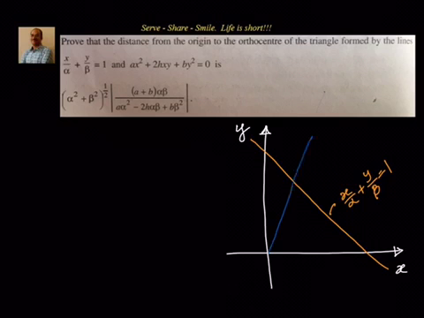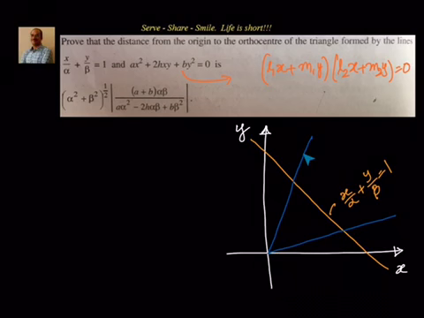Let us say that the pair of straight lines can be written as a combination of two lines, as you know. This can be written as (L1x + M1y)(L2x + M2y) = 0, as we are passing through the origin (0, 0). So we have one line x/alpha + y/beta = 1, and the pair of straight lines given by (L1x + M1y)(L2x + M2y) = 0.